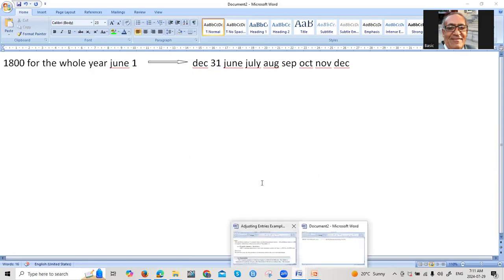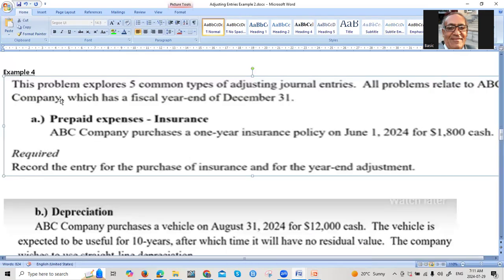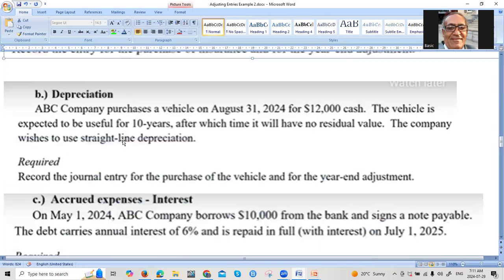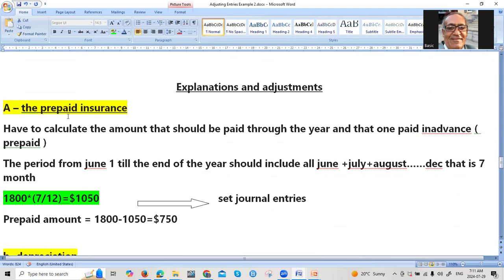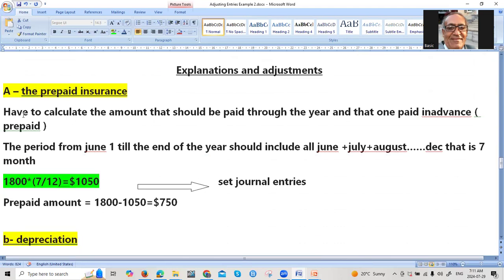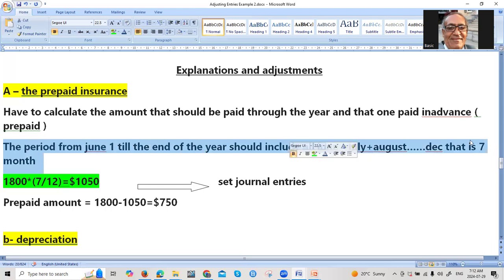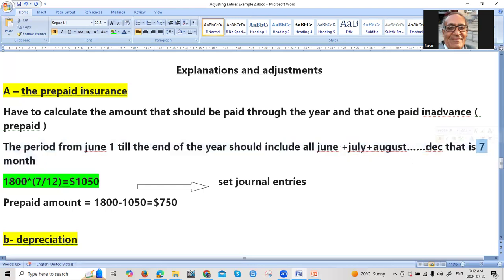Now we are in the first thing, which is the prepaid expenses. First I have to prepare my entries, so I have to calculate the adjustments. How to calculate the adjustments here? The period from June 1 until December 31 is 7 months.